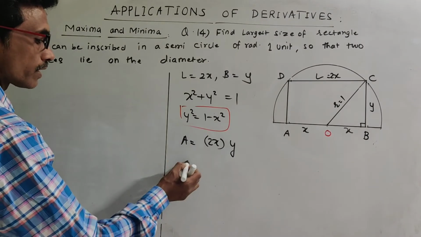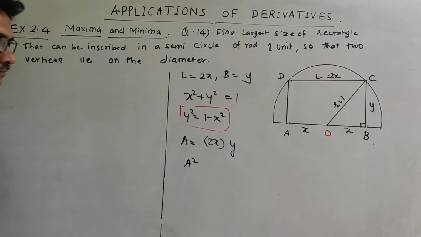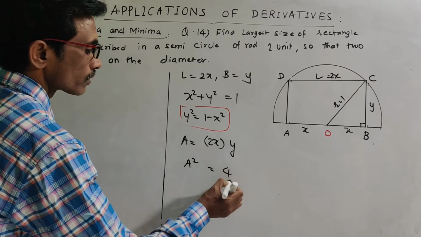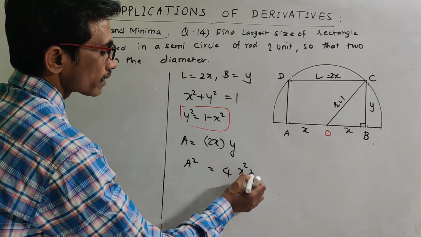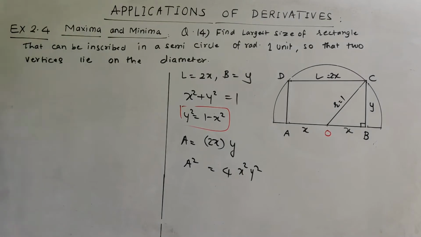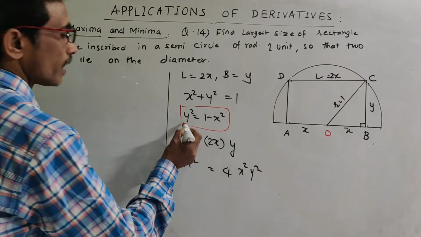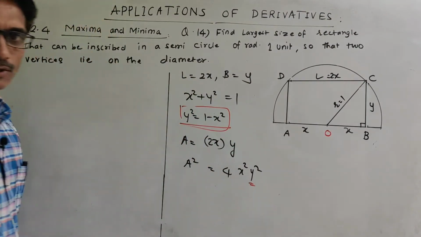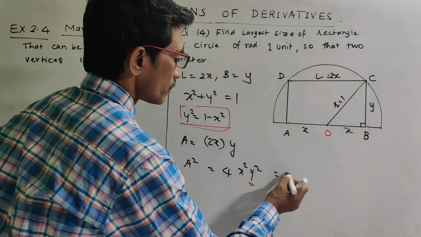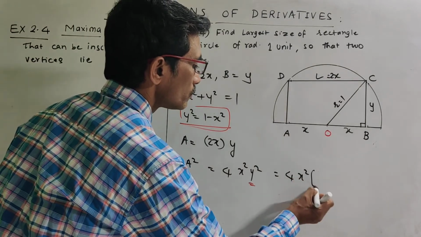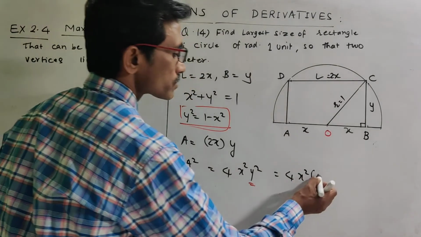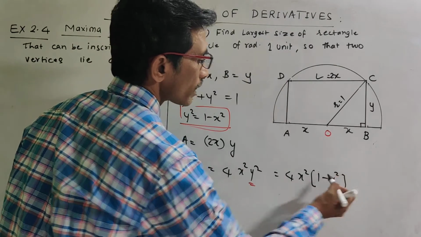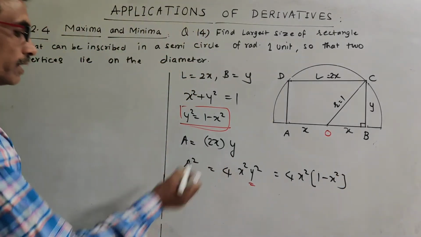So area square will be equal to 4x square y square. Now we have y square is equal to 1 minus x square, तो ये y square यहाँ पे हम substitute कर सकते हैं. So that will be 4x square into y square. Y square is क्या है? 1 minus x square.